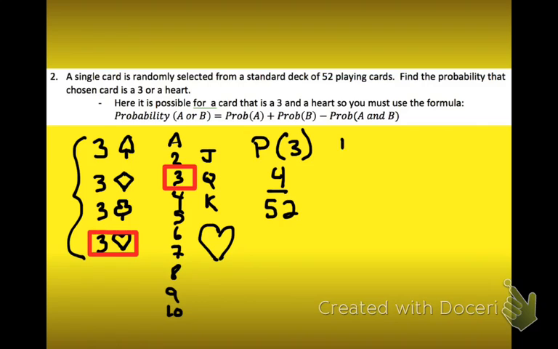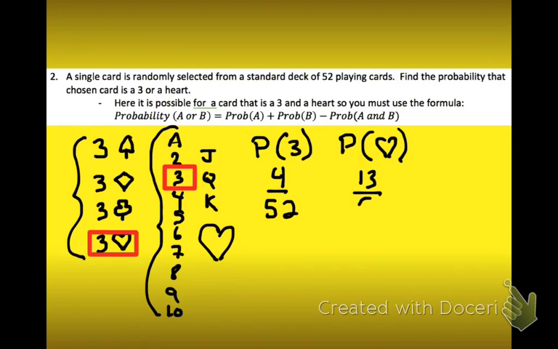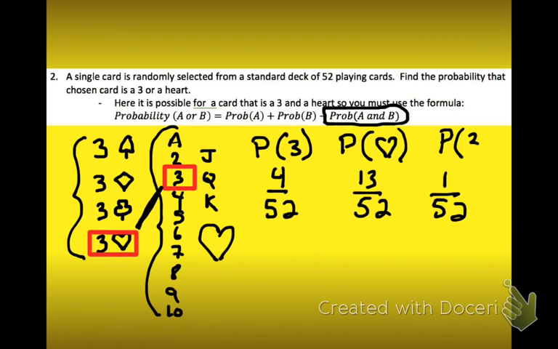We want the probability that we have a heart, and as we see here, that is going to be 13 out of 52. But we have to take into account that there is something that happens in both of those lists. So the probability that we get that one is 1 out of 52. So that's the probability that we get the 3 of hearts.